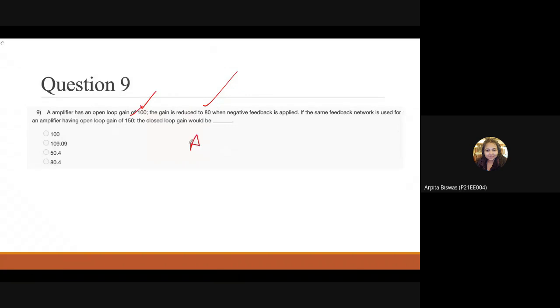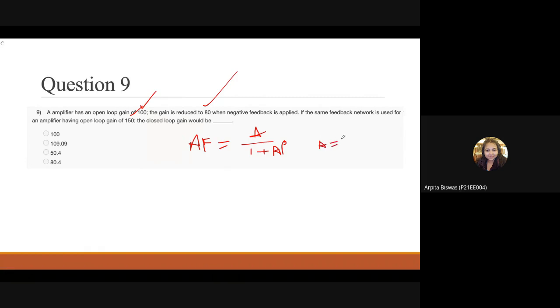What is the formula of this loop? Just apply this one. AF equals A, it is suffix, A, it is negative feedback, so 1 plus A beta. So at first, which value is given? A is given here. It is 100.